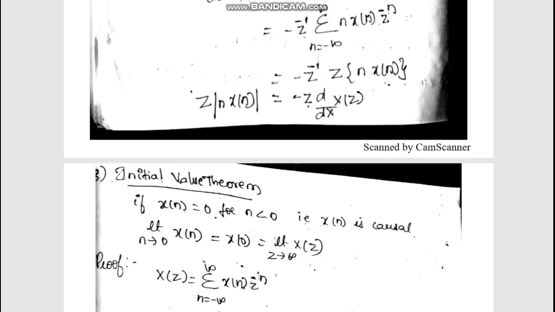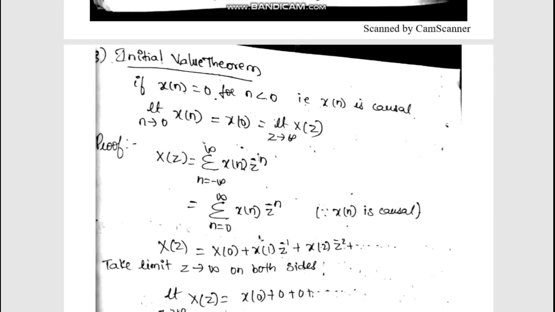Next, the property is the initial value theorem here. This is a very important theorem, the initial value theorem and the final value theorem. So if x of n is equal to 0 for n less than 0, then x of n is a causal signal. Then you're taking this formula. You apply the formula here.